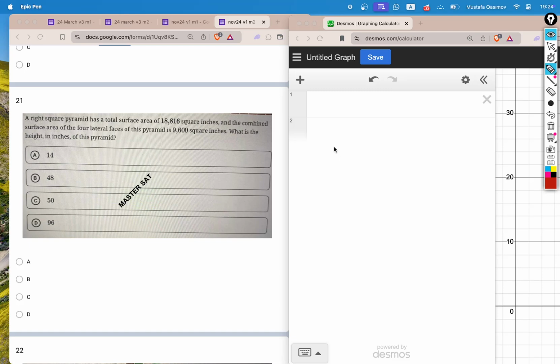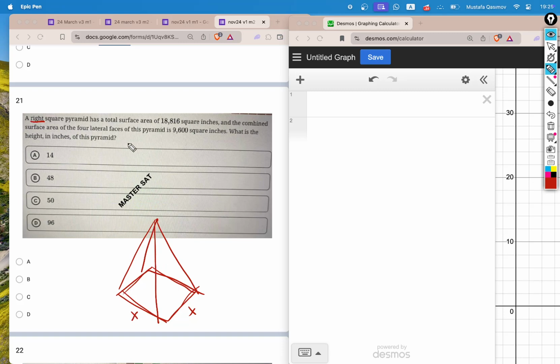Okay, right square pyramid. If it says right, it means that this point is at the middle. If it says square, it means that the base is a square. This one is square, okay? So it is x and x. And all these triangles are equal to each other.